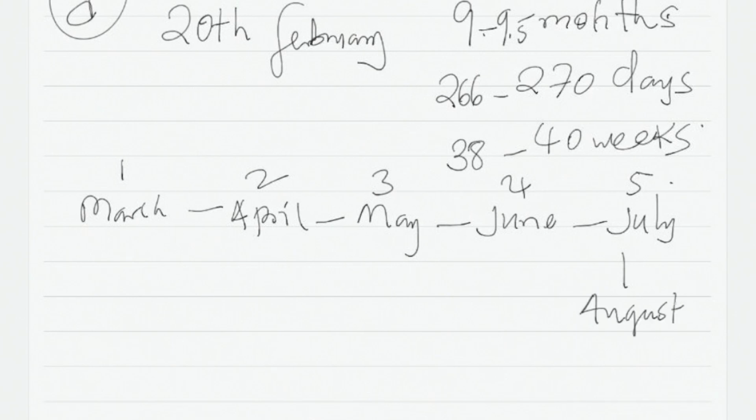August, that's the 6th month. September, that's 7th month.